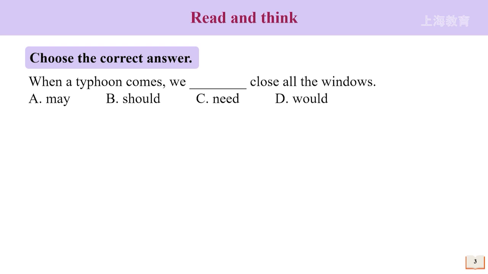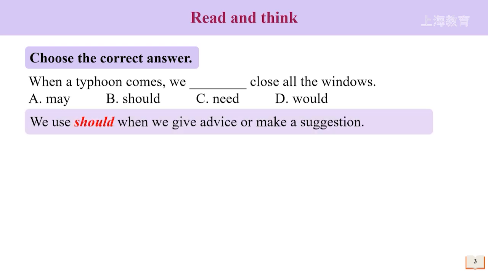We want to tell others how to stay safe during a typhoon. We use should when we give advice or make a suggestion. Should 常用于提供建议。So the correct answer should be B. When a typhoon comes, we should close all the windows.